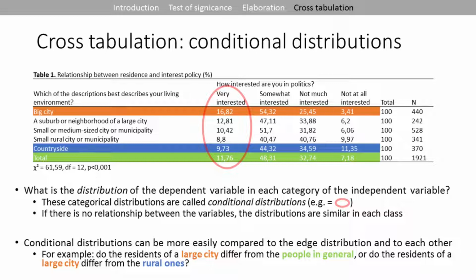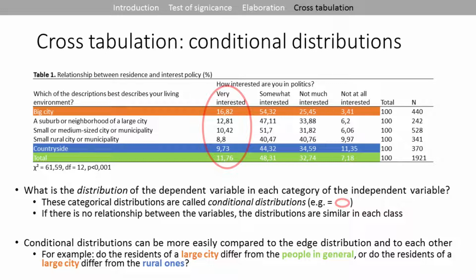So we can see that compared to the total, the share of big city residents who are very interested in politics is much higher than in the country overall, but the countryside is under the total distribution basically. So they are less interested in politics than the total.